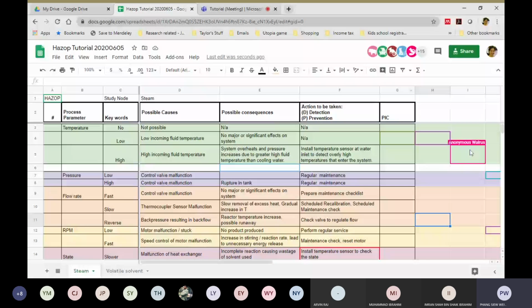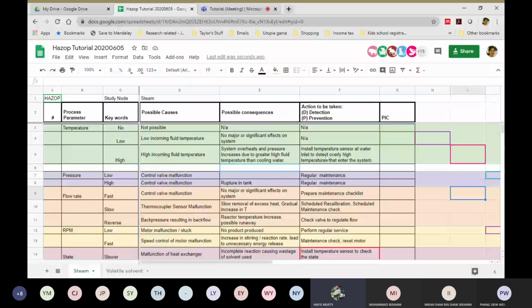So, anyone wants to present, like, when you talk about temperatures, why do you say this, and so on. Can I have some volunteer who did the temperature to share with all of us what makes you think that this is happening, and what else can we add on?